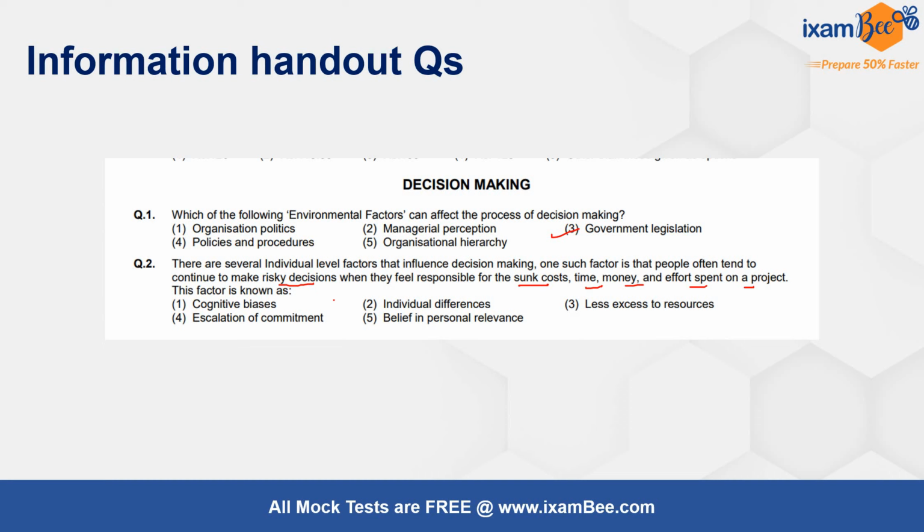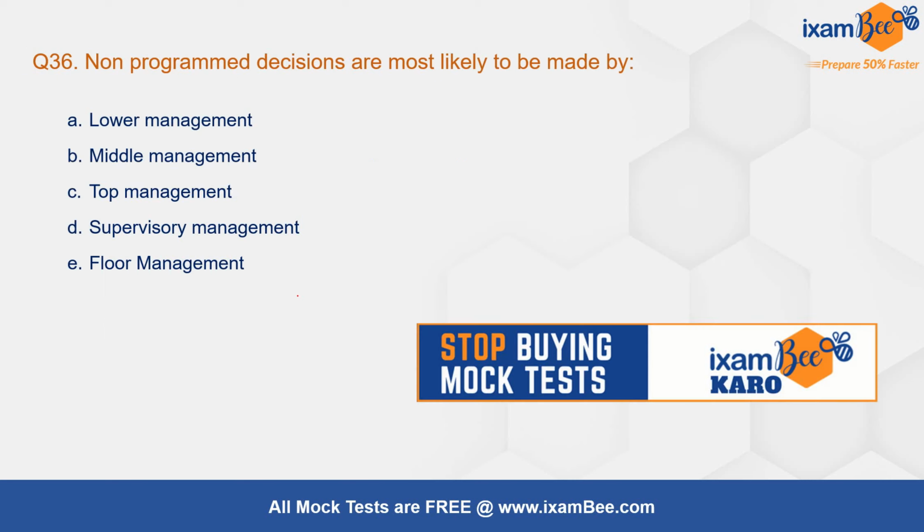So what is this concept called? This is known as escalation of commitment. You are so committed to that particular decision or path that you become blind to the factual aspects, or to the fact that there is no utility in continuing it. So these were the questions in the handout.